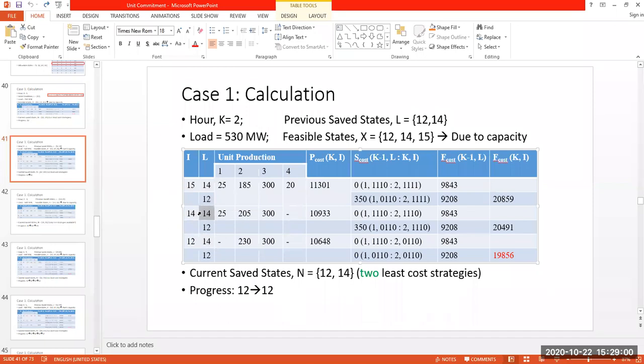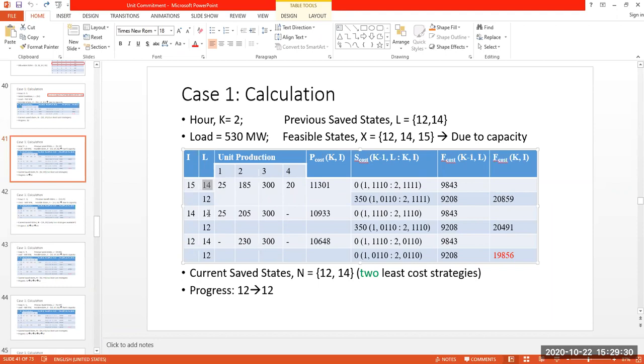Then you did not save this 14, so you have only one choice, 12 to 15. So there might be a case where the transition from 12 to 15 seems minimum, but there might be some cases where 14 to 15 would instead give you minimum cost instead of 12 to 15.